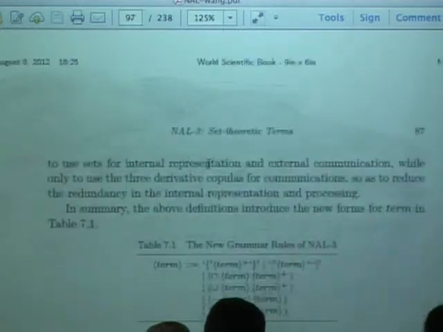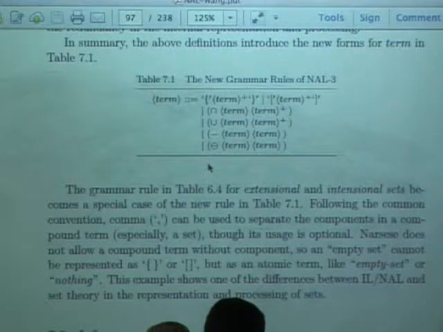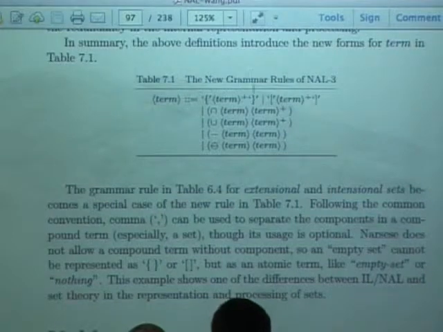So I have some examples. You can take a look. So this is the grammar. And here we extend this inheritance logic from layer 2 to layer 3 by introducing a term. You see, previously we already said a term can be another term within a set, but here, if you're familiar with this grammar notation, you will see this plus means it can contain more than one component in a set.